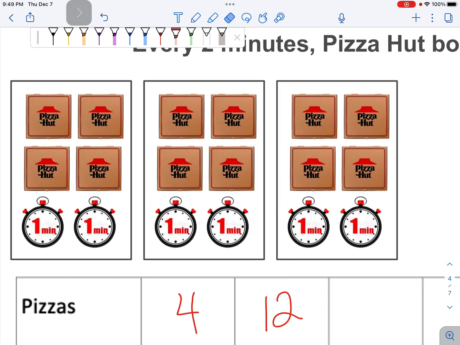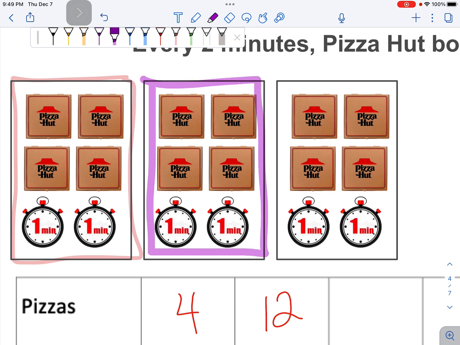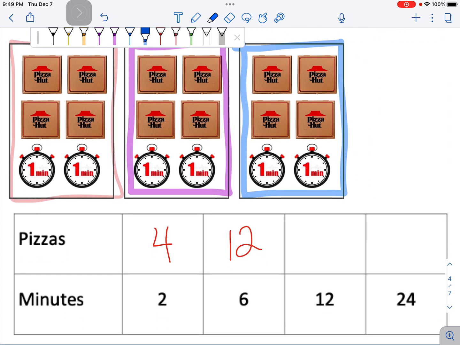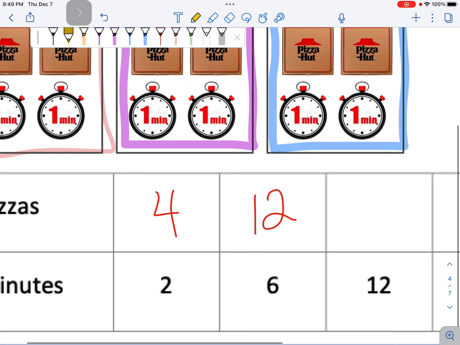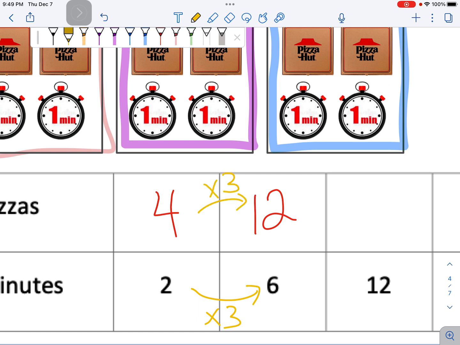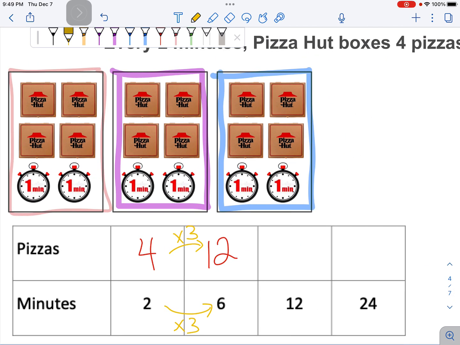So here it is the first time. Here it is the second time. And here it is the third time. We have 3 repeats of 2 minutes, which means we have 2 minutes times 3. But we also have 4 pizzas 3 times, so that's times 3. This is a good start, but we didn't want 6 minutes, we want 24 minutes.